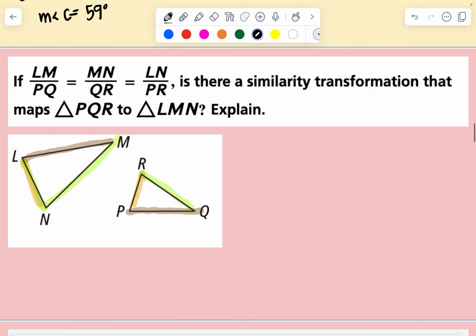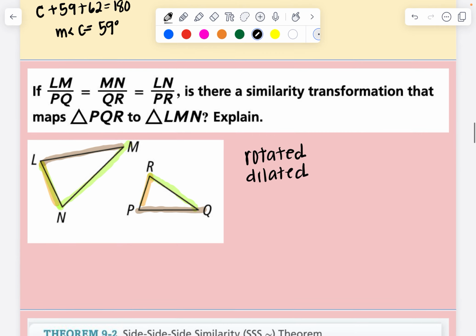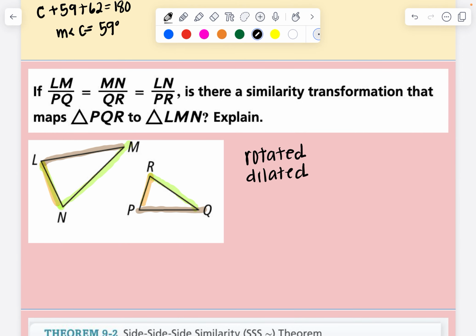Is there a similarity transformation? Well, yes, there is. It looks like this has been both rotated and dilated. So if we know that those three sides are proportional and that it's been rotated and dilated, I can say that these two triangles will be similar.